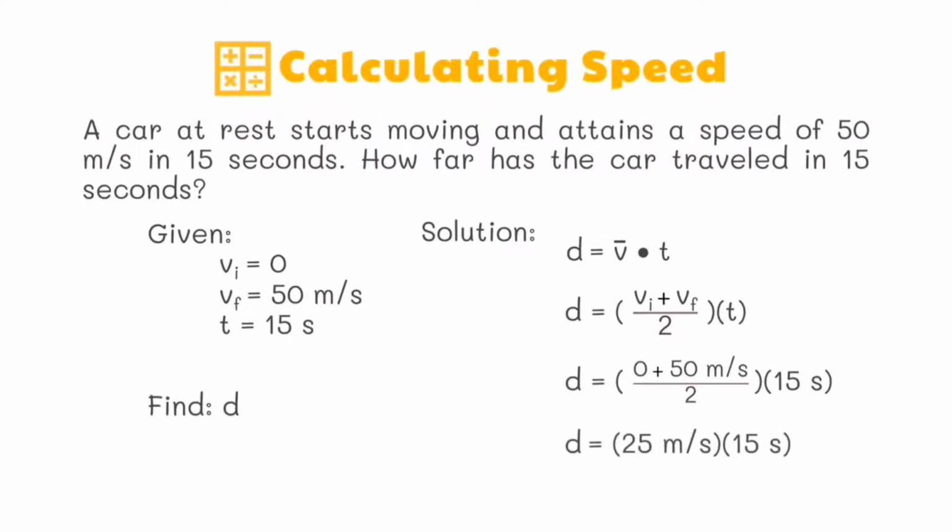We can simply cancel out the same unit, which is seconds, so that we can have the unit for distance, which is meter. So 25 meters per second times 15 seconds is equal to 375 meters.